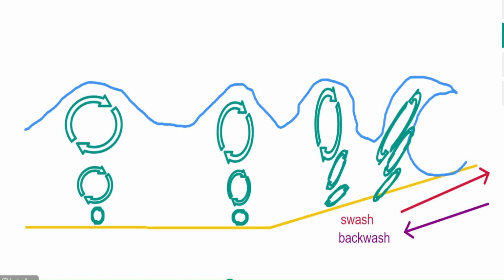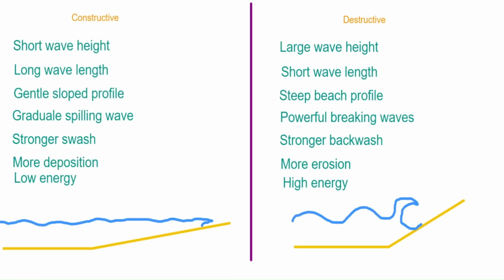Okay, so in the wave action here, the waves move forward in swash and they go onshore on the swash and they come offshore on the backwash. As they're coming in, they can be carrying sediment and will cause things to happen during swash and backwash. So for a high energy and low energy environment, a low energy environment here has the constructive wave: short wave height, long wavelength, gently sloped profile, and gradually spilling waves.